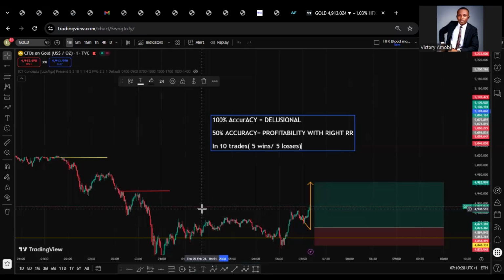That's 50% accuracy, right? So let's do a little calculation now. Let's say you're risking $100 per trade. You have a proper account, right?